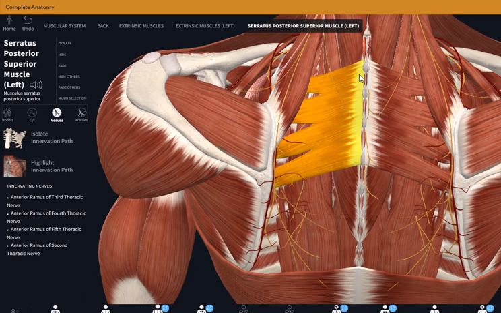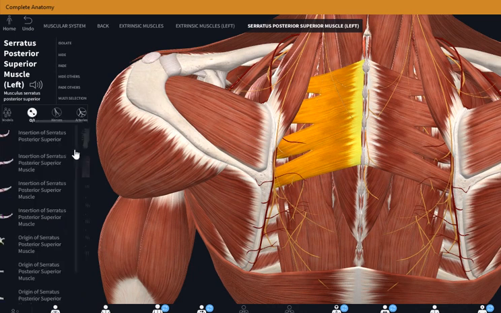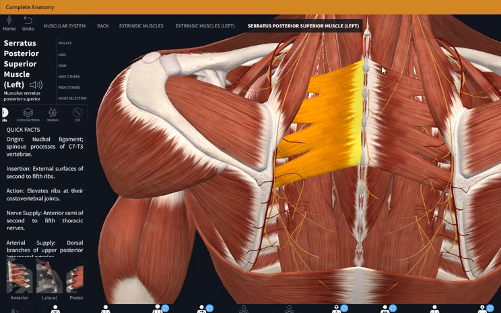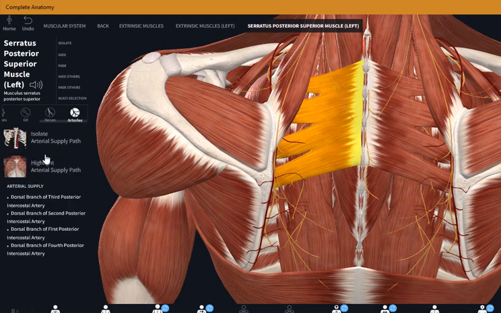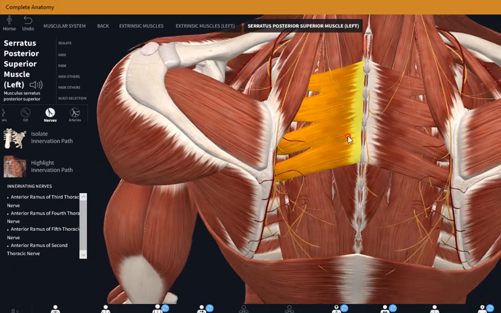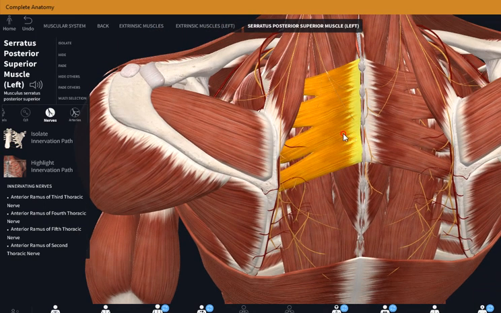The thoracic nerves involved in its supply are the third thoracic nerve T3, we have T4, we have T5, and we also have T2.